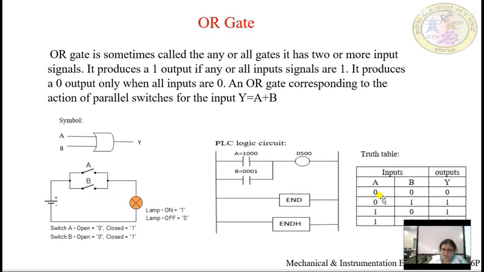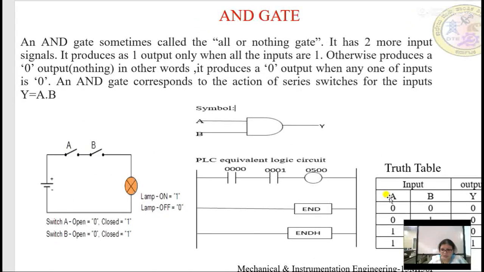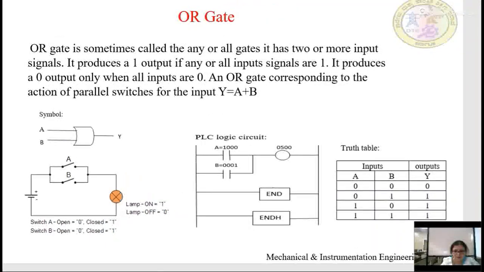So when we check the status of the truth table, we can easily understand the working of an OR gate. When both A and B are 0, that means A is open, B is open, therefore output is 0, that is the lamp is in off state. When A is 0, B is 1, output is 1.